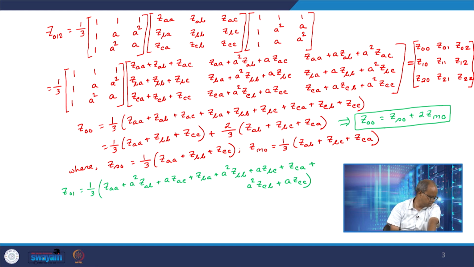So this I can write down as 1 by 3 into ZAA plus A square ZBB plus A ZCC, which is ZS2.